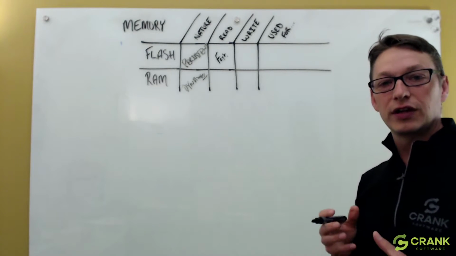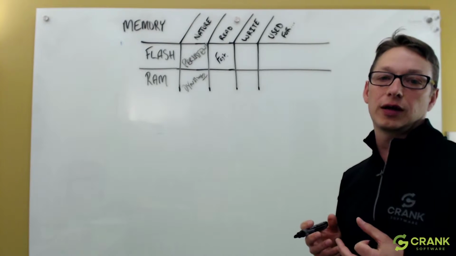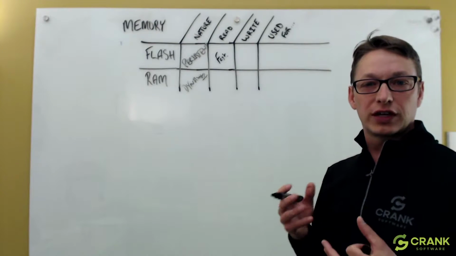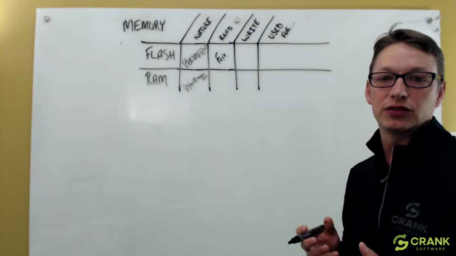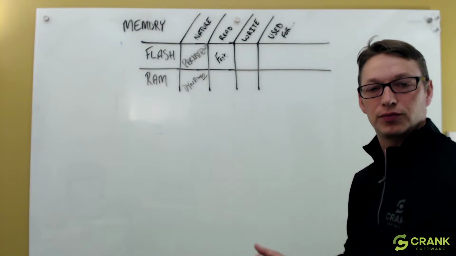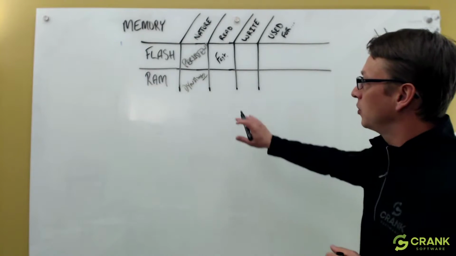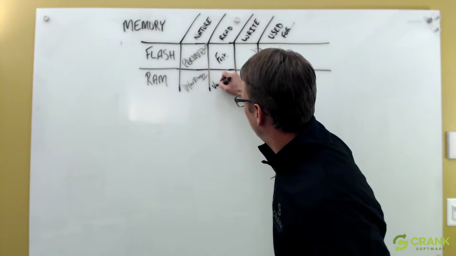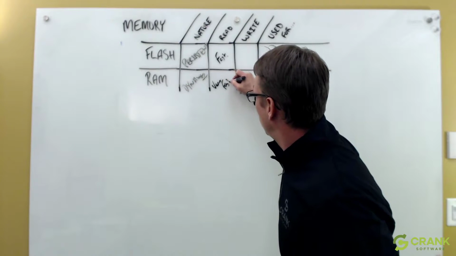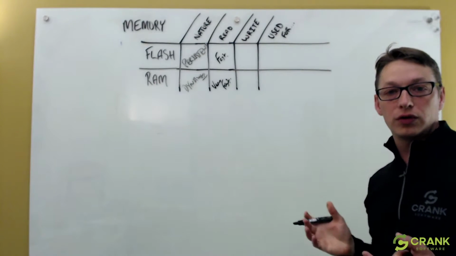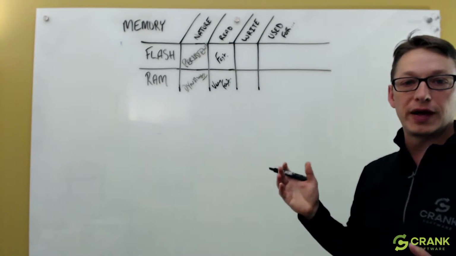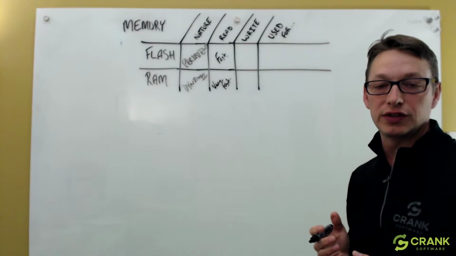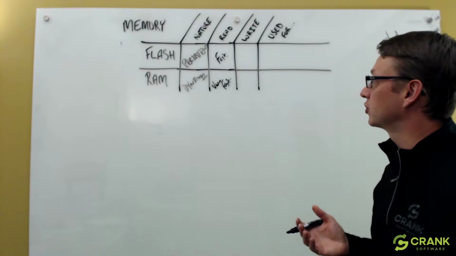If I'm showing something at 30 or 60 frames a second, I'm talking about 15 millisecond refresh rates that I need to be able to access content, compose it, put it out onto the display. So relatively fast. When we talk about RAM, we're talking about very fast. And on the whole, generally we're looking at orders of magnitude in terms of access speed between these two different types of memory configurations.